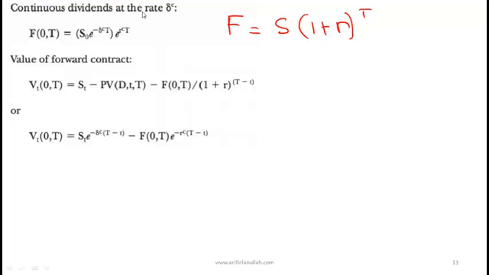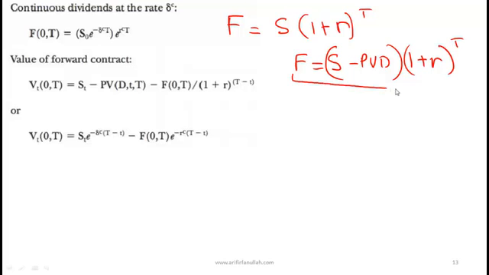Now, what did we then say for an equity that pays dividends? We said the forward price is S minus the present value of dividends, and this times (1 plus R) to the power of T. Now, this is analogous in continuous terms to saying this S is actually S naught.